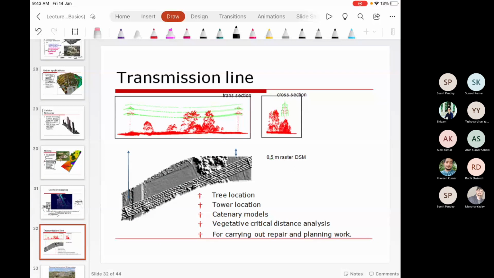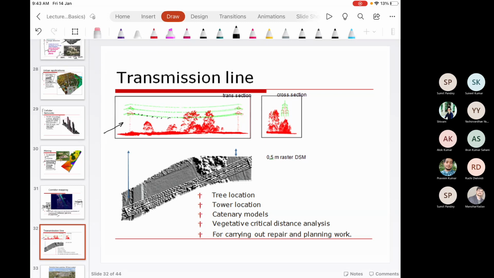So this is a high voltage transmission line, and in this figure you can notice these points are representing the catenaries which are connected between two poles, between two transmission towers.